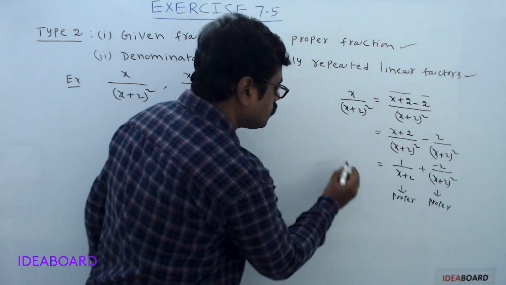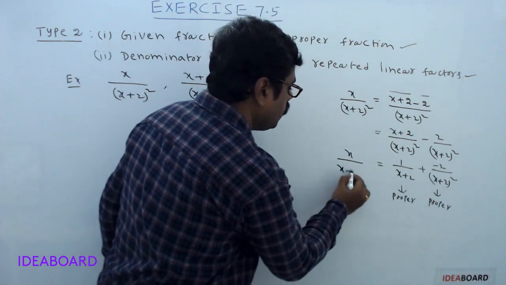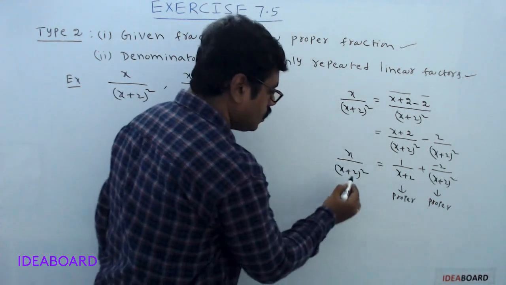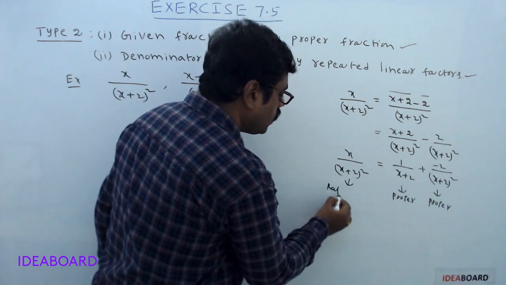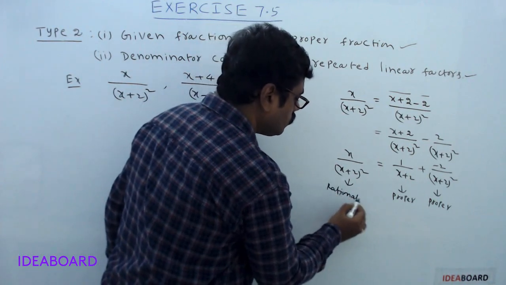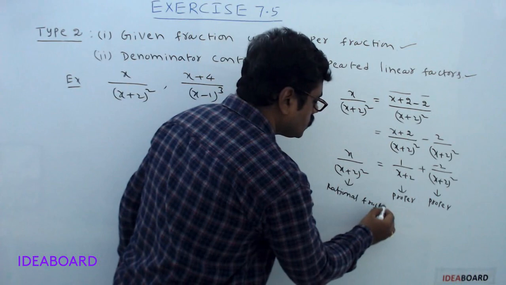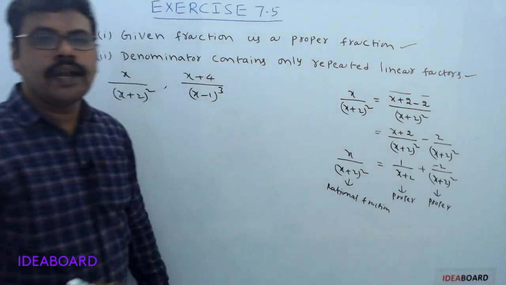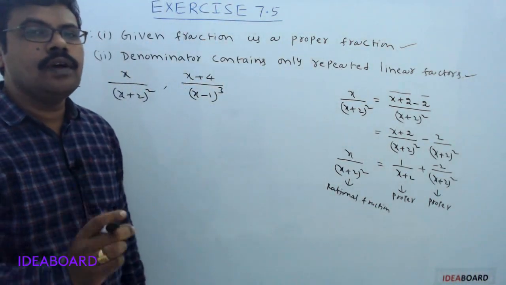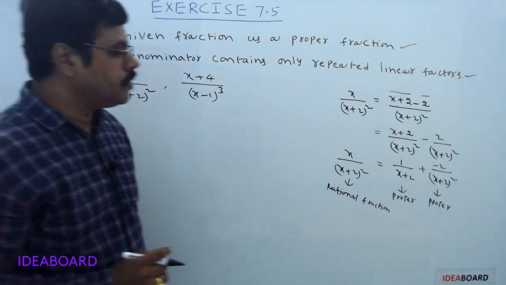Now what is your LHS part? x divided by (x plus 2) whole square. Basically it is a rational fraction. Now what is the definition of partial fractions?